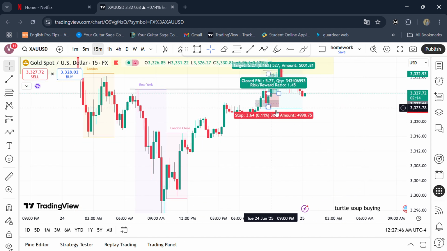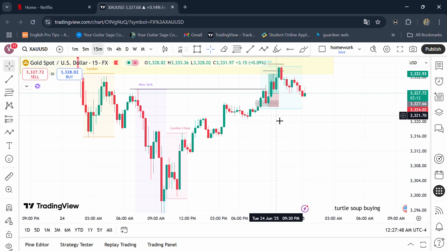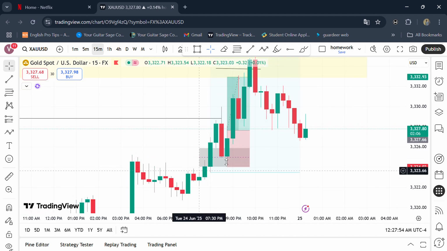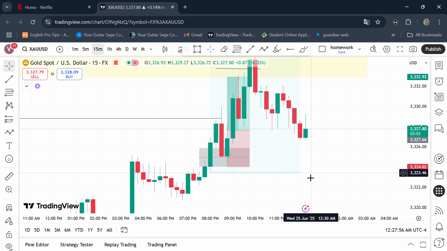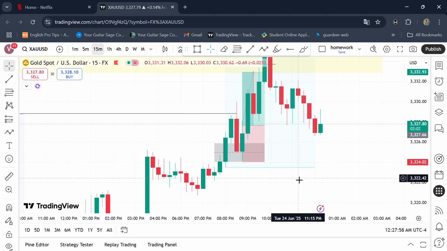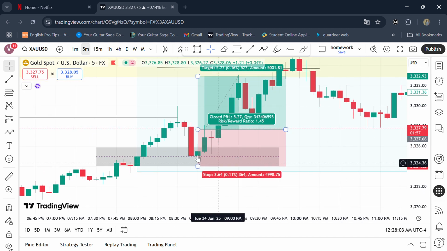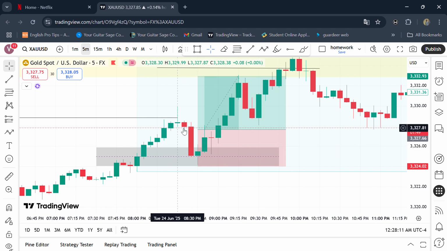In case it holds successfully, taking a rejection from that 15-minute FVG which we had marked in black, if we go on lower time frame, you will see this candle taking a successful rejection, this candle also giving a successful displacement.